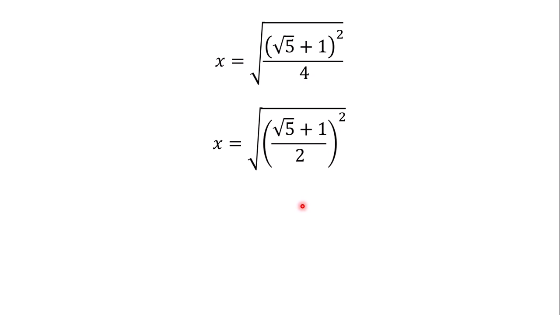But we want to get the simplest form, or the simplest value, of x. All of them are values, but we want to get the simplest form, or the lowest term. We want to reduce it to the lowest term. Okay, that is why we are doing all this.